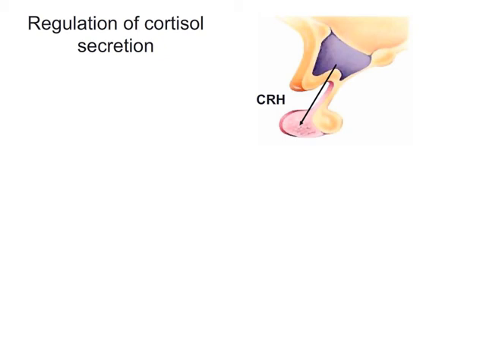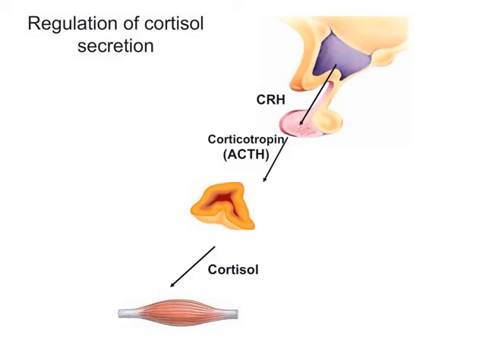The CRH will travel to the anterior pituitary. This will in turn stimulate the anterior pituitary to secrete ACTH, otherwise known as adrenocorticotropic hormone. Remember, a tropic hormone is a hormone that has an effect on other endocrine glands. In this case, it's going to have an effect on the adrenal cortex. The adrenocorticotropic hormone stimulates the adrenal glands to secrete cortisol.